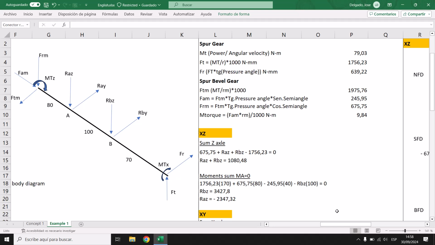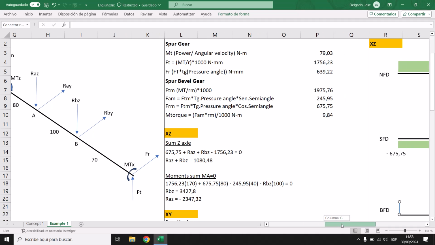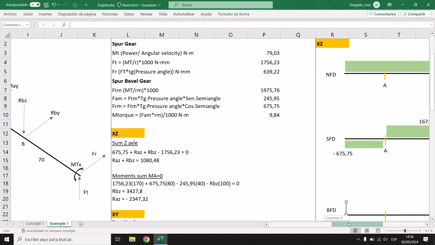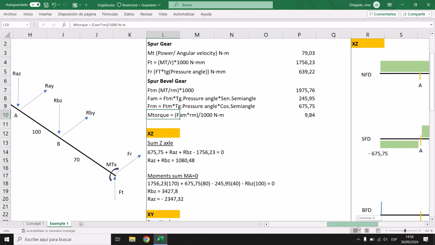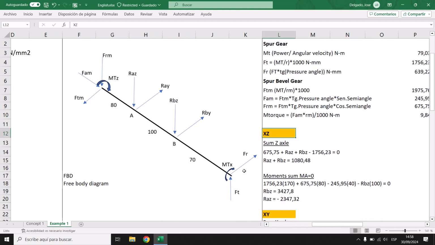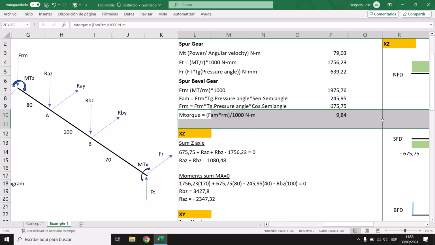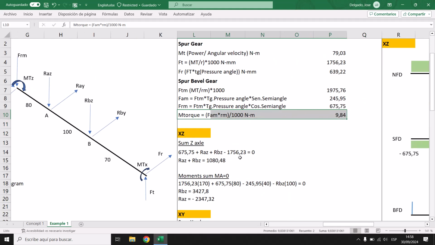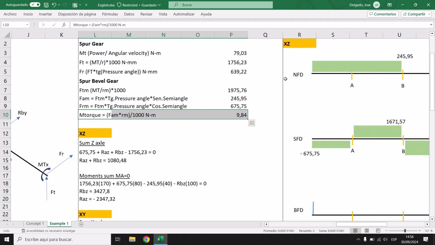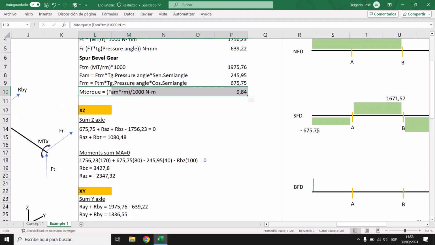So we are going to have 9.84. Sorry, we are on X and Z. It's not this, it's this. That's the reason it's over the bevel gear, because we are on the axes of X and Z. So we are going to have 9.84 positive.